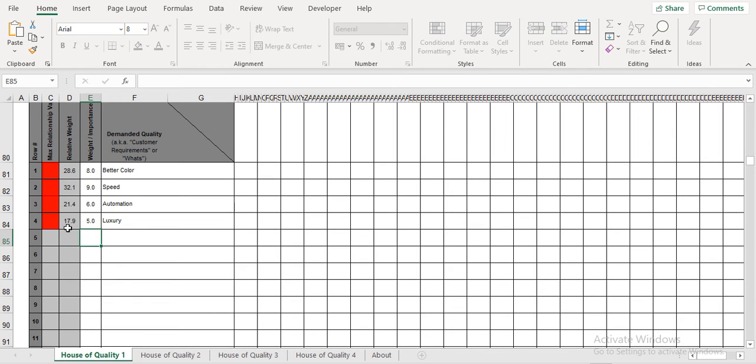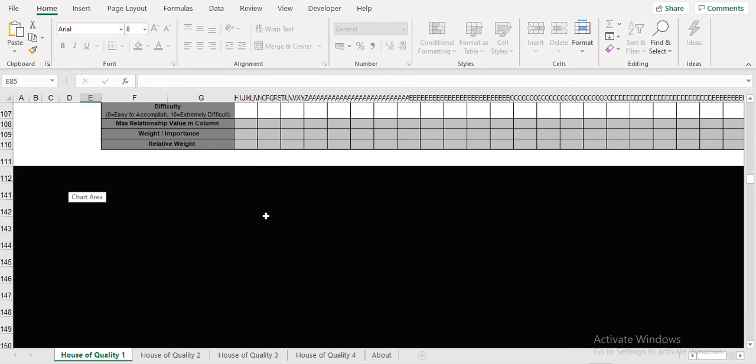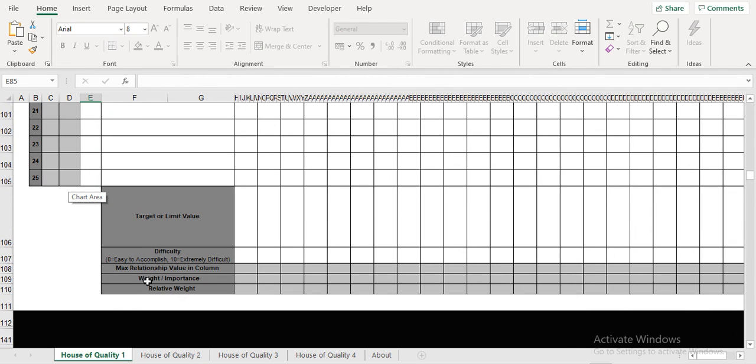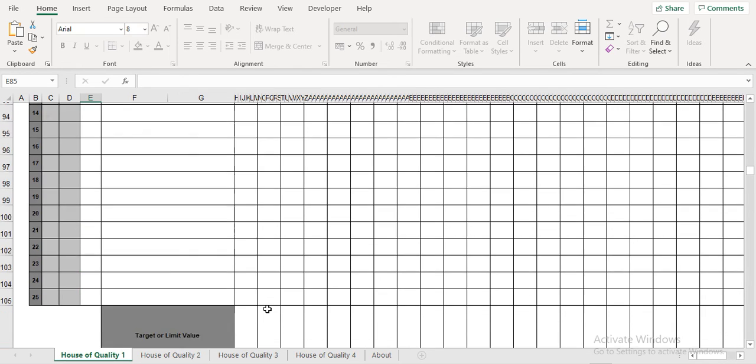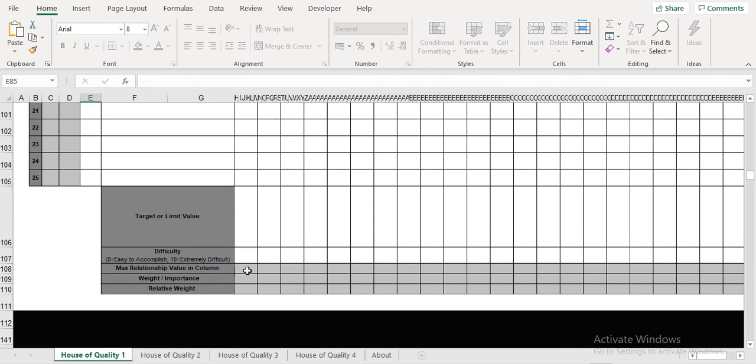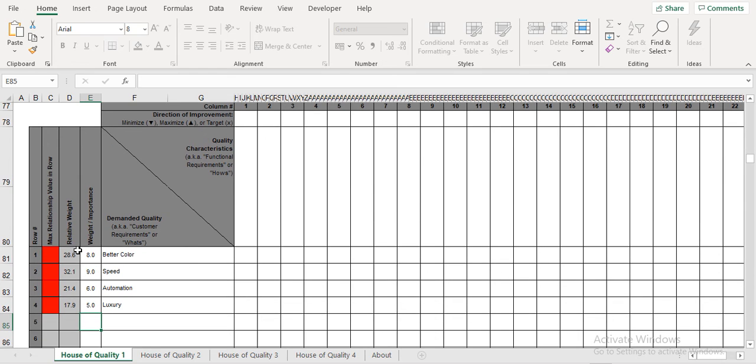The relative weights will be helpful when we are calculating this weight or importance. We multiply the value provided here by the relative weight, so it is a combination of relative weight into relationship weight, plus the next value's relative weight into relationship weight, and this column value will be defined for this particular functional requirement.